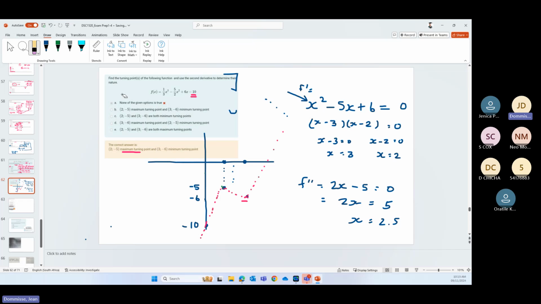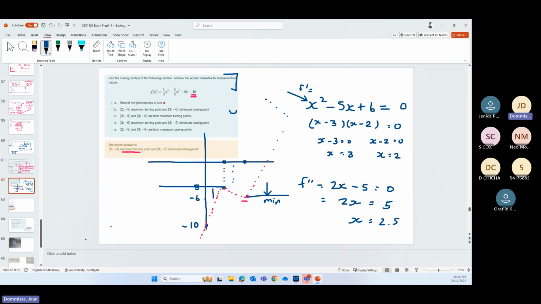Okay, but so you can see at this point that's a maximum because it can't go higher. At this point it's a minimum because it can't go lower.